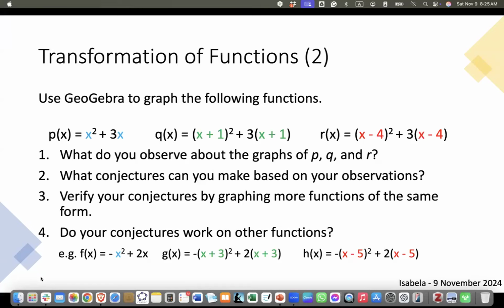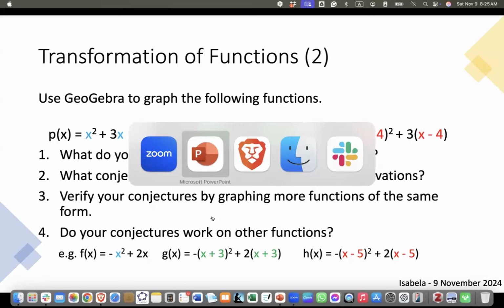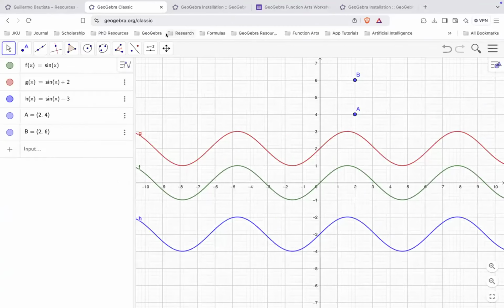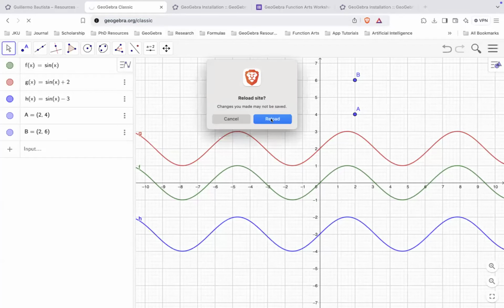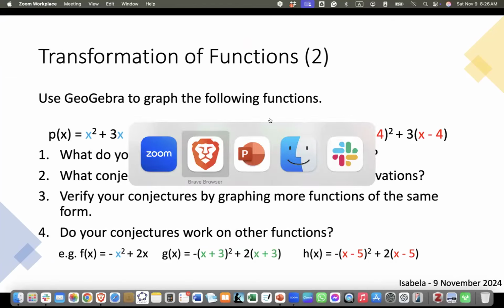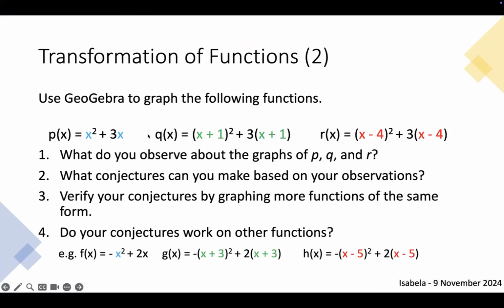Okay, so let's discuss. What did you observe about the functions? What did you observe about the difference between P and Q first?